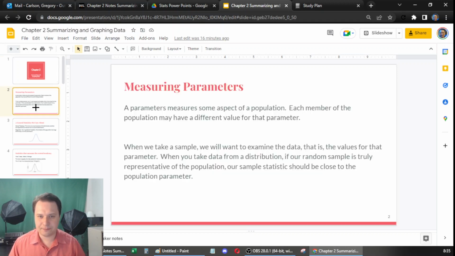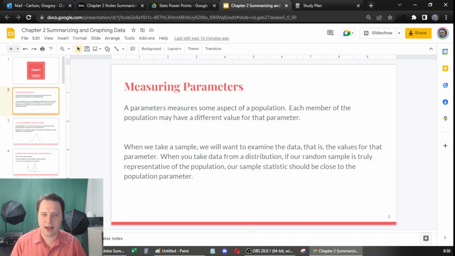So let's get started. As we know, and as you should memorize, a parameter measures an aspect of a population. The parameter is what you get paid to try to figure out, like the average age of every American, or how much income people are earning, or whatever your science experiment is. So the population parameter is that mysterious variable that we don't know.